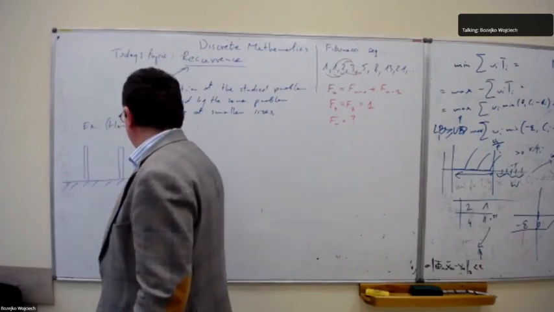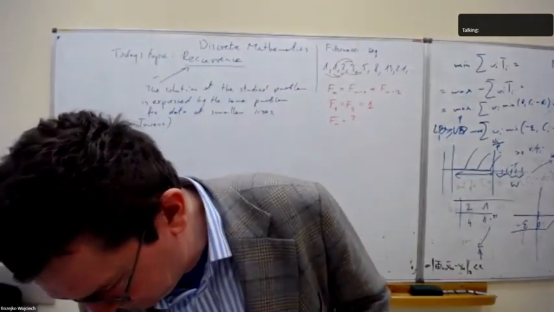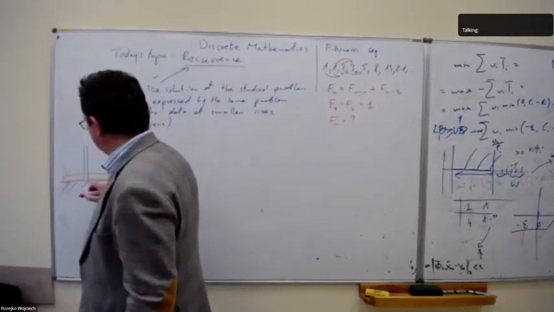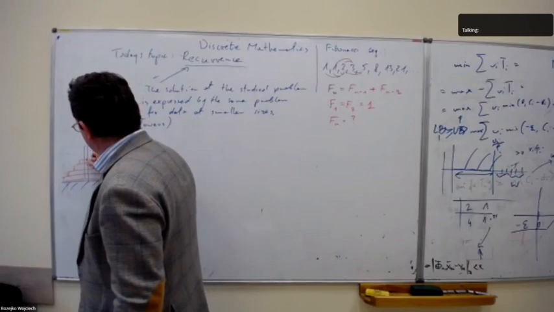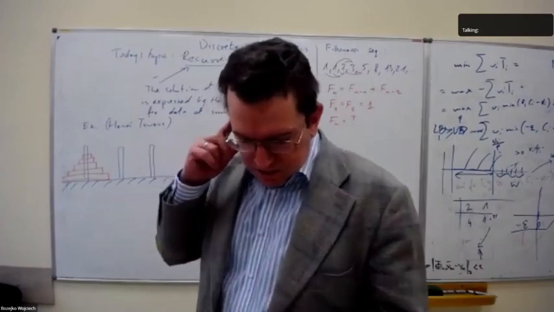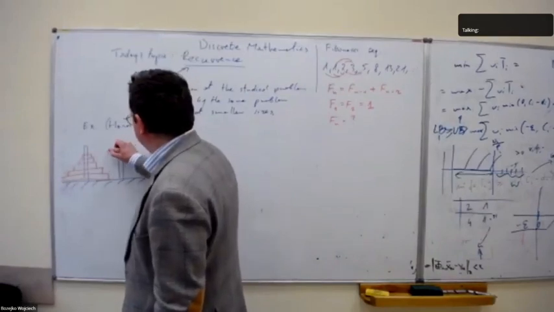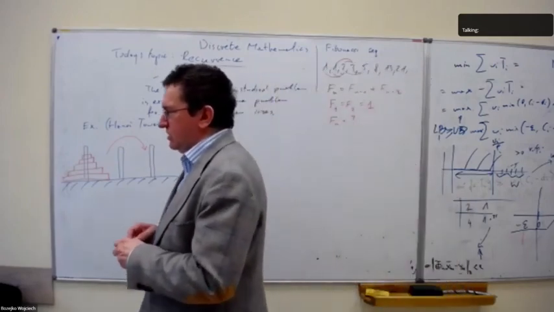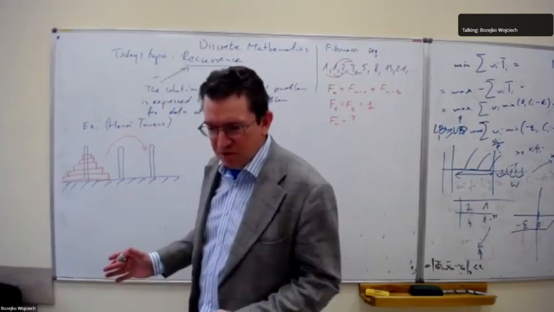And there are a number of discs with a hole in the middle, of smaller and smaller sizes, made of gold. And the question is: is it possible to move all of them to the third stick in such a way that we can always put a smaller one on a bigger one?